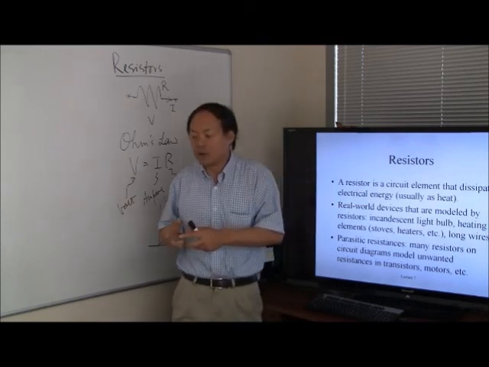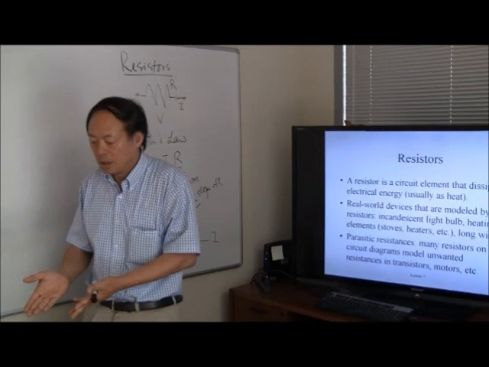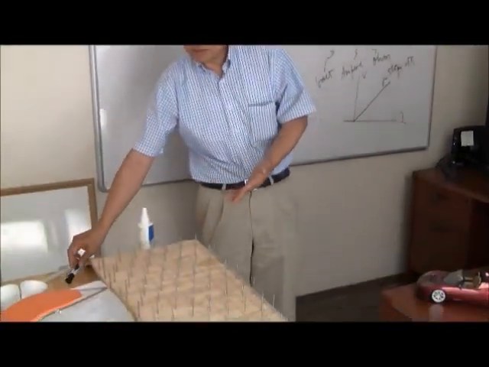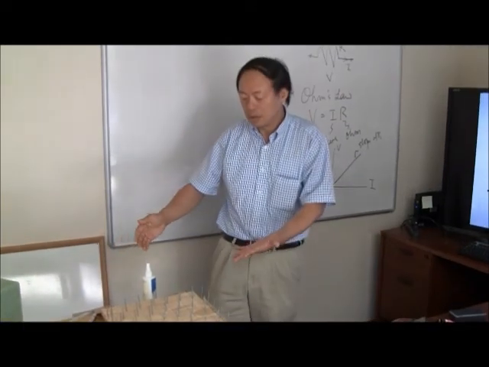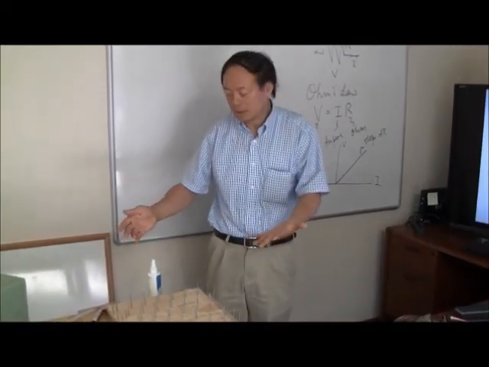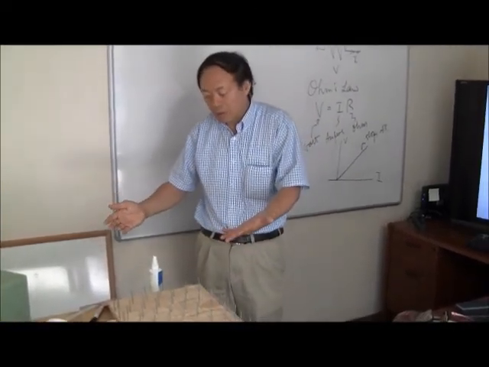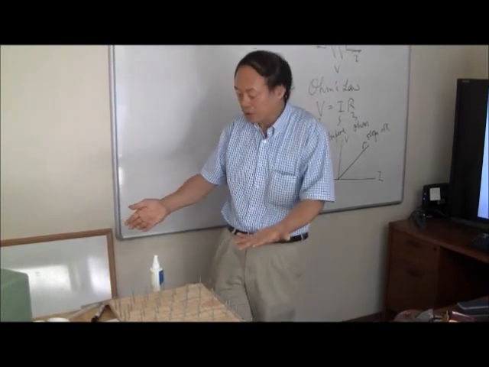And here I have built a small model, where the pins represent atoms in a lattice. Say, for example, a metal will have atoms arranged in a lattice structure.